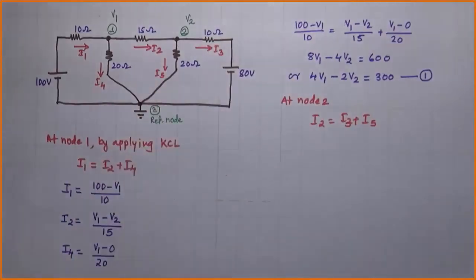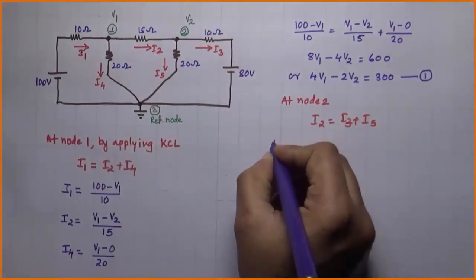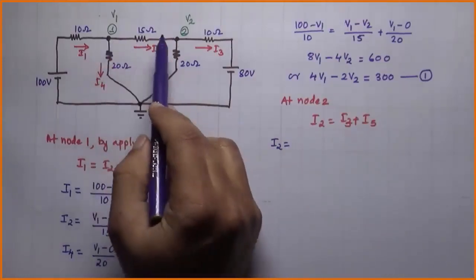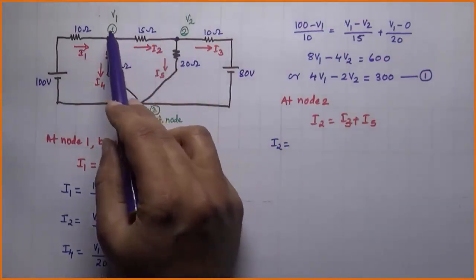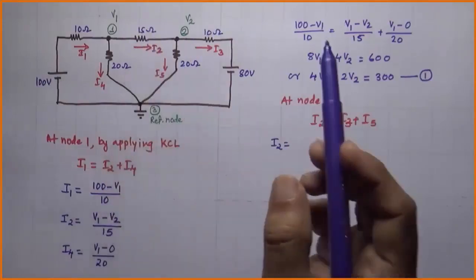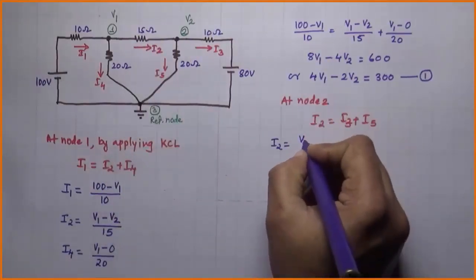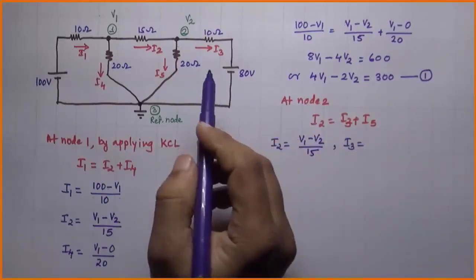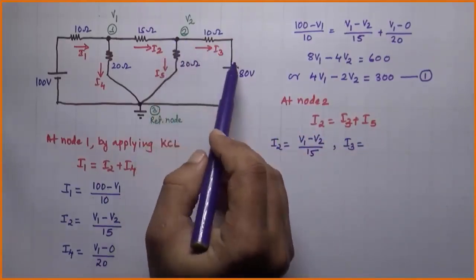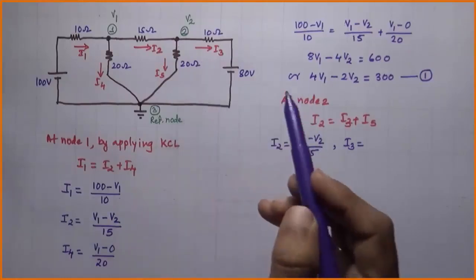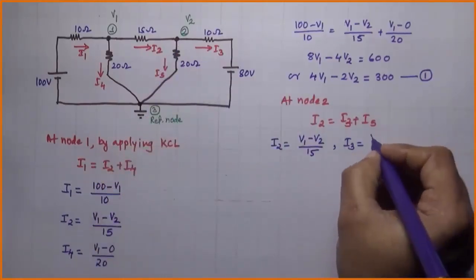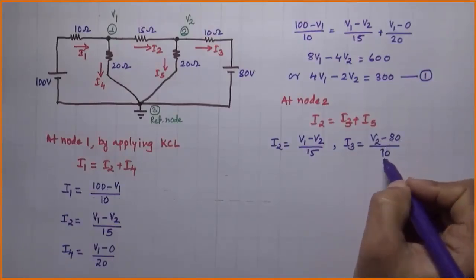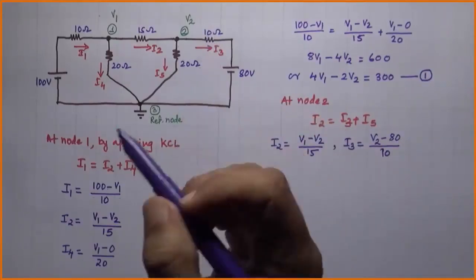node 2. Again, by Ohm's law, I2 can be written as I2 is again flowing between 1 and 2, so the potential difference is V1 minus V2 divided by resistance 15. I3 is the current flowing from node 2 to 80 volt battery, so potential difference will be V2 minus 80 divided by resistance 10.